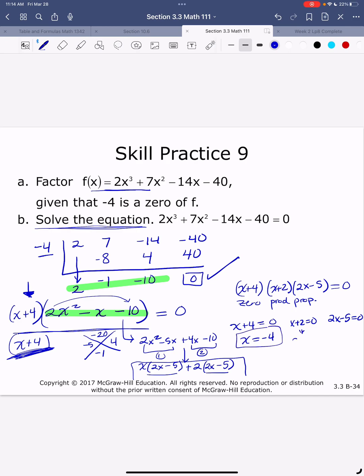This one tells me x equals negative 2, and with just a teeny bit more algebra here, I'll get that 2x equals 5, therefore x equals 5/2. These are the three solutions to my equation. So I have now solved this equation, and I have the solution set that is given by -4, -2, and 5/2.